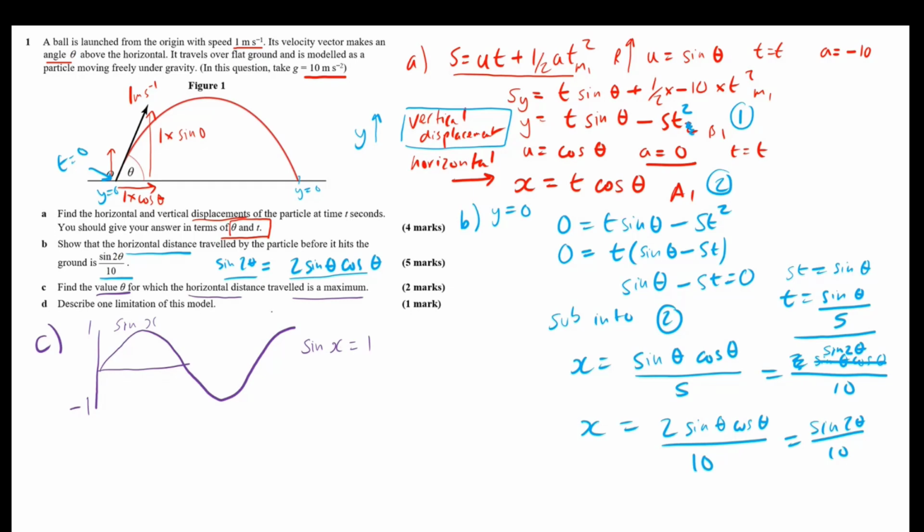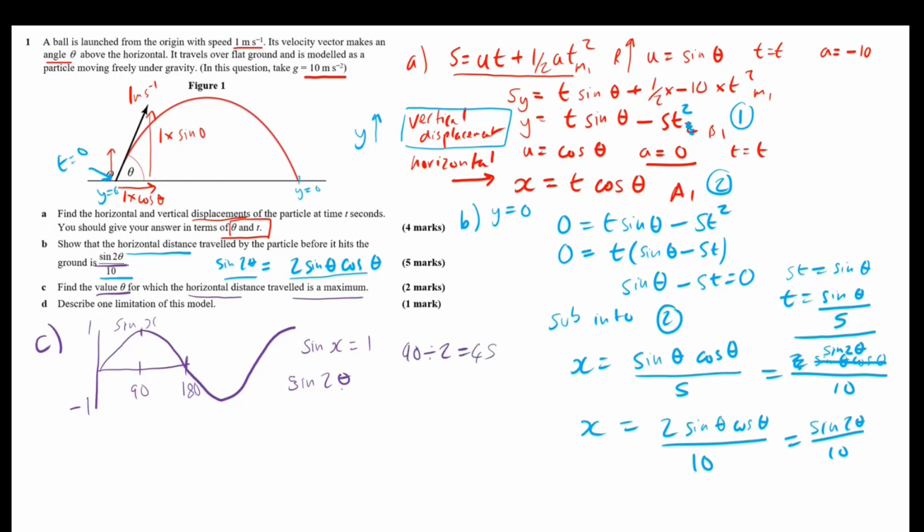What value of theta? Now, we want this number as big as possible. But this is asking what sine 2 theta is. But if we want that to equal 1, now, what is that value here? That's 180, right? So this must be 90. But because it's in the term sine 2 theta, we have to do 90 divided by 2 equals 45.